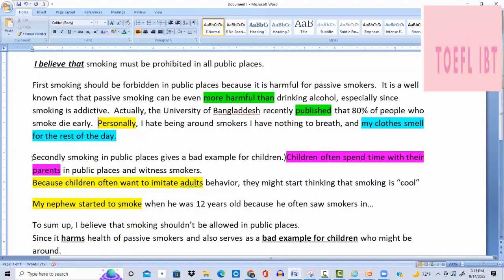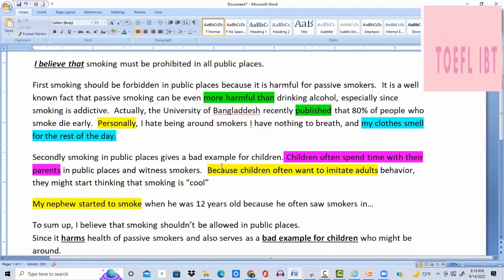Second paragraph. Secondly, smoking in public spaces gives a bad example for children. Children often spend time with their parents in public places and witness smokers. Well, that's probably not a good sentence, but you can fix it a little bit later.